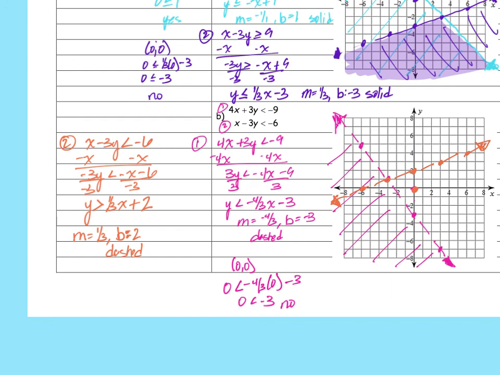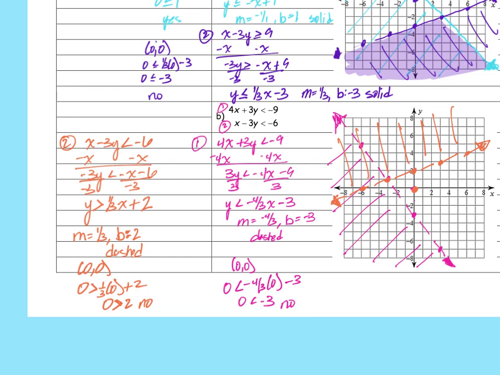So I did choose 0, 0 again. Okay, so 0, 0. And then I've got 0 is less than 1/3 times 0 plus 2. That is not less than, that's greater than. Is 0 greater than 2? No. So once again, I'm not shading in the spot that contains 0, 0.